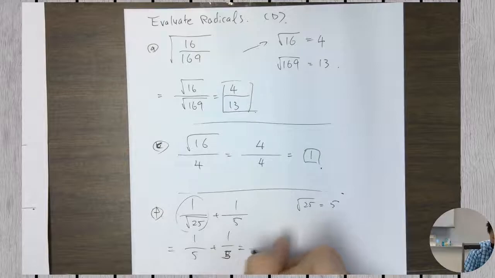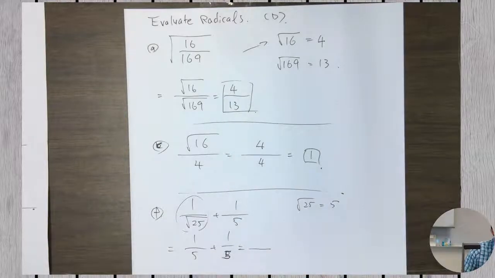You guys know how to add fractions with the same denominator, right? Yes, you've seen this before? What's the answer? 1/5 and 1/5 be 2/5.